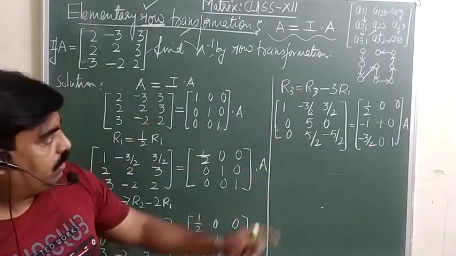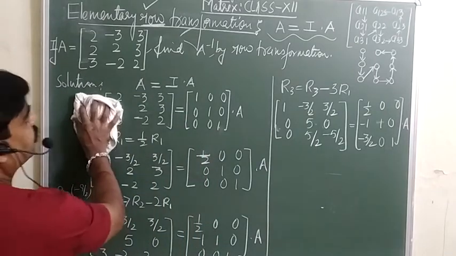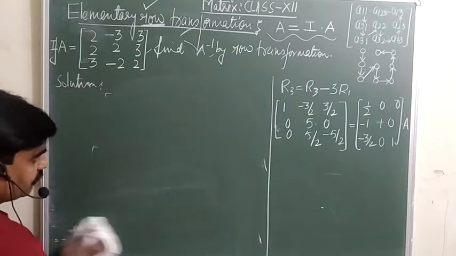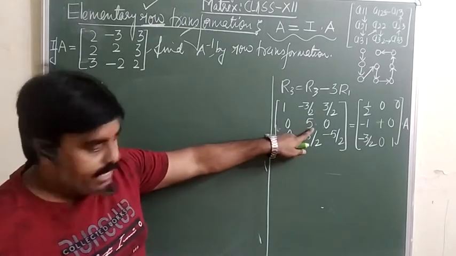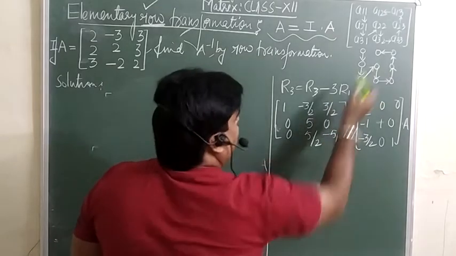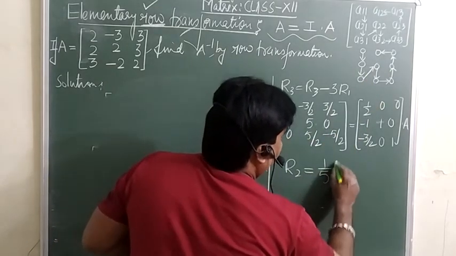Now, the operation we will do here, we are supposed to make this 1 here. So look at here now. Second row, we are supposed to divide it by 5 to make it 1 here only. So R2 is divided by 5.